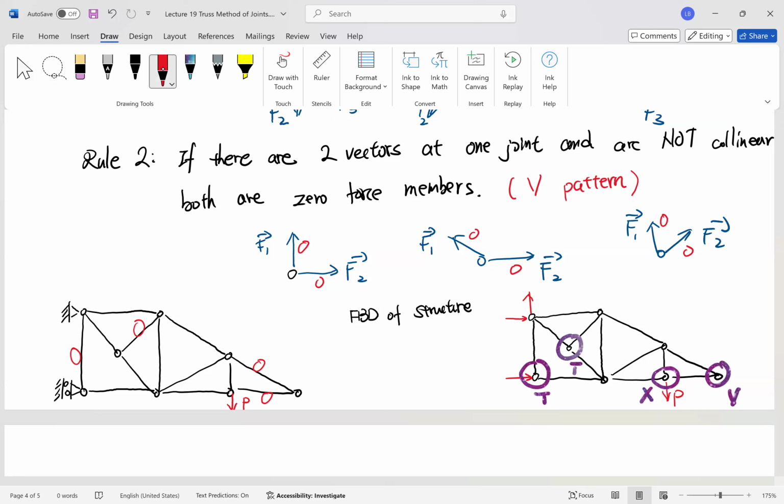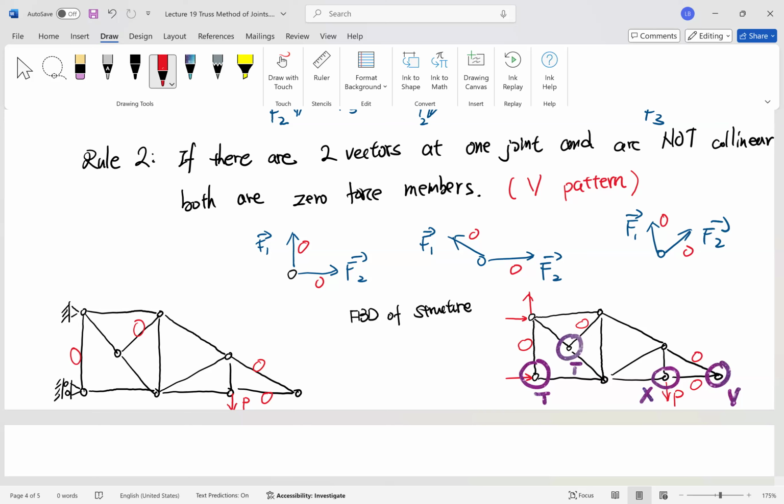Okay, and here you have 0 force, so based on the T patterns, you have 2 zero force members identified, and from the V pattern, here you have 2 zero force members identified. And of course, by the X pattern, you can further identify another zero force member here.